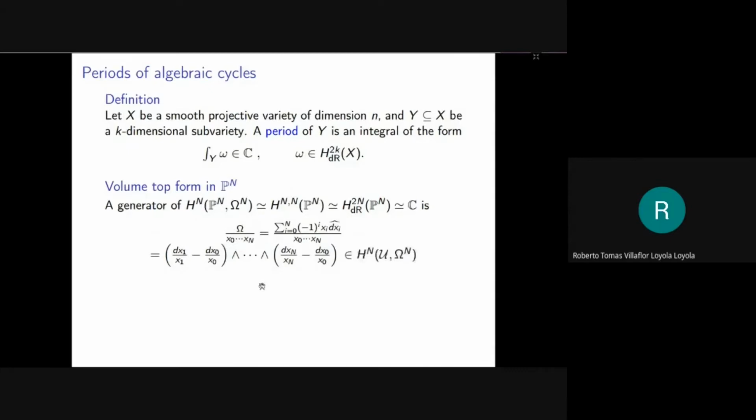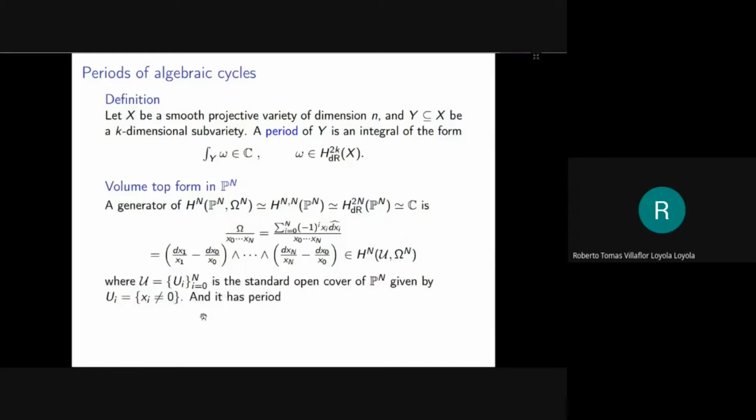And moreover, this description is an element of the n-th Čech cohomology group with respect to the usual open covering U of Pn, right? Where U is the standard open covering, which is just given by these open sets Ui, where the coordinate xi is different from 0.